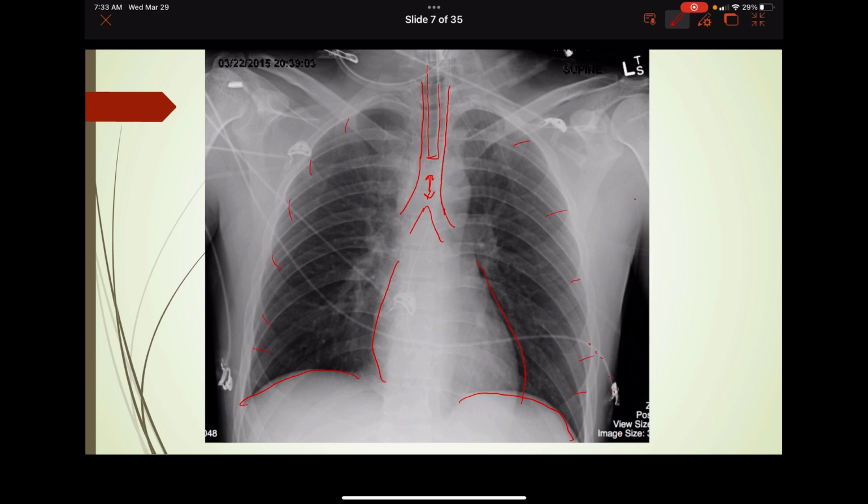So there's no pneumothorax. Both lungs are inflated. You can see some oxygen tubing up here. Again, that's not important. Just so you're aware of what it is, in case some of your novices are reading chest x-rays, you're not wondering what the heck it is. So this is appropriate placement of endotracheal tube here.